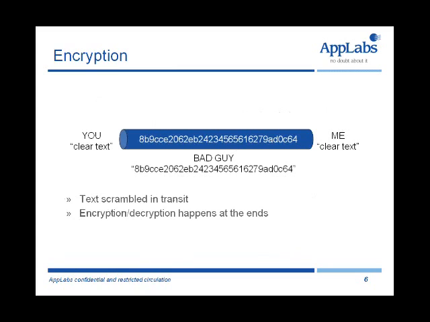So let's look at a few examples of how that applies to our web application. If you and I wanted to share some information, and we didn't want it to be read while it was in transit between you and me, we would agree in advance on an encryption algorithm or cipher.